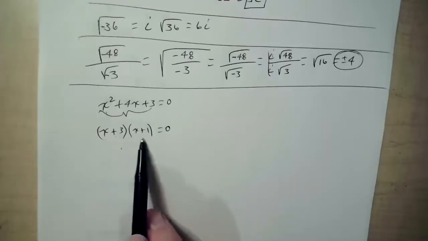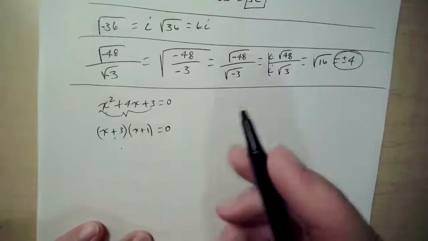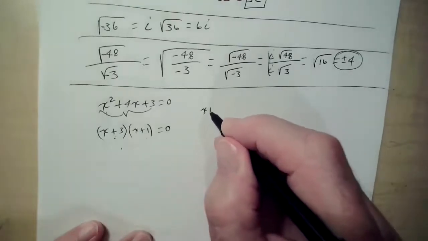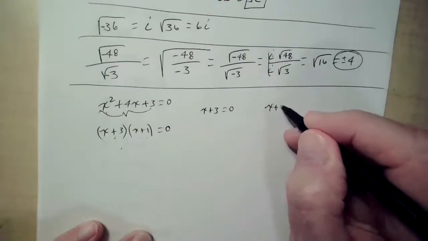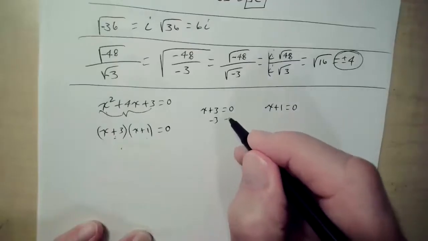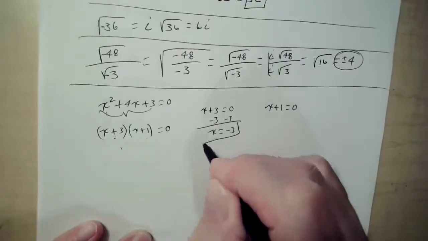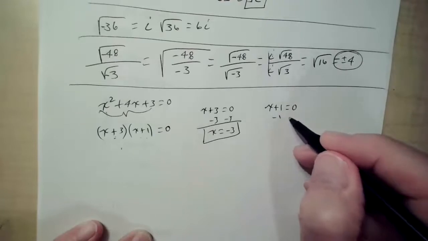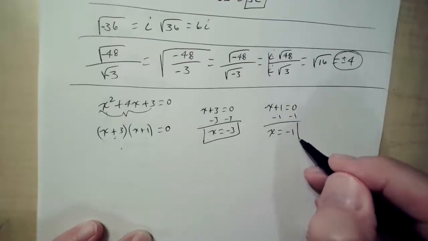And now what we do is we set each one of these factors equal to 0. x plus 3 equals 0, and x plus 1 equals 0. Subtract 3, x equals negative 3. Subtract 1, and x equals negative 1.